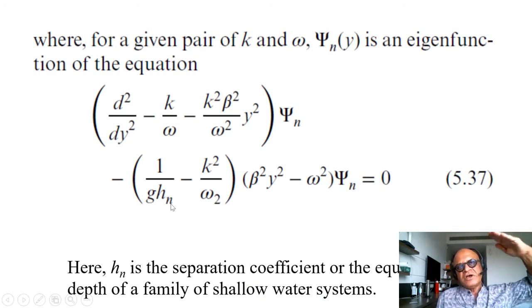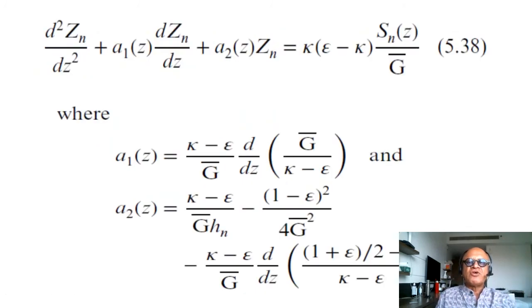So since the atmosphere is stratified, we are going to assume that each layer is like a shallow water system. So you can then just write the equation in this complex form with this forcing function, scale height, and the vertical structure with these coefficients A1z and A2z, where these are again very complicated looking long expressions.